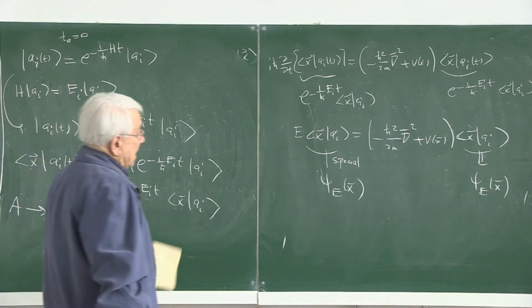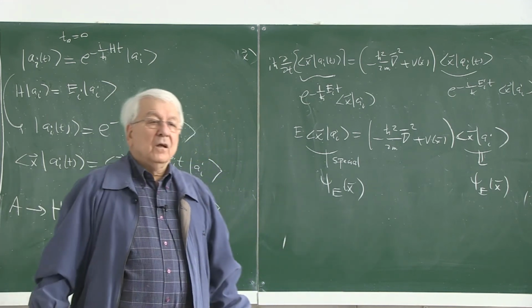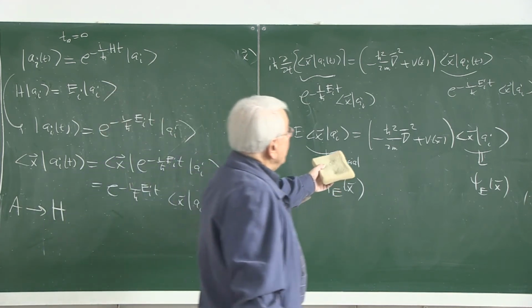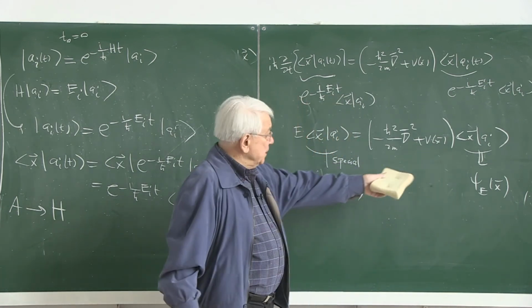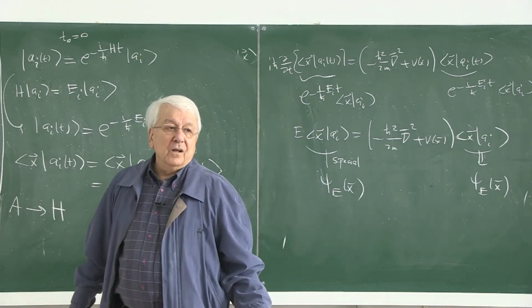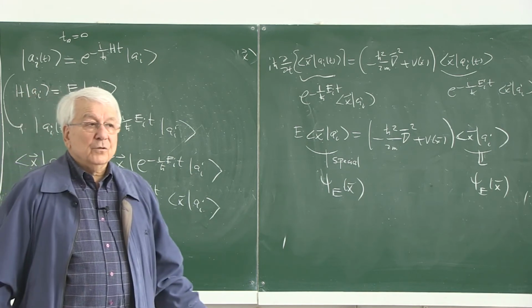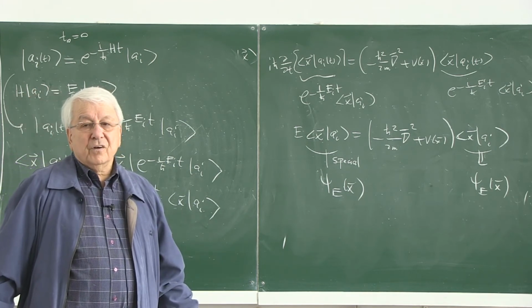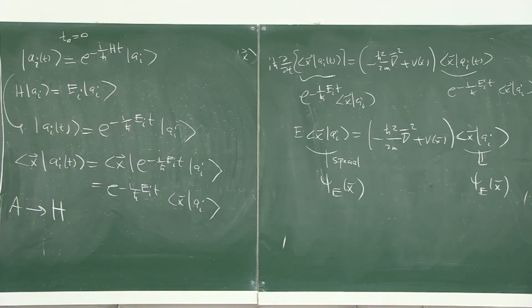And these psi_E of x's are the energy eigenfunctions, because this is the Hamiltonian operator in x space. It's acting on that wave function, giving back the same wave function times a number. This is a typical eigenvalue equation. And then naturally this time-independent Schrodinger equation is nothing but the energy eigenvalue equation. All terminology really usual and routine.